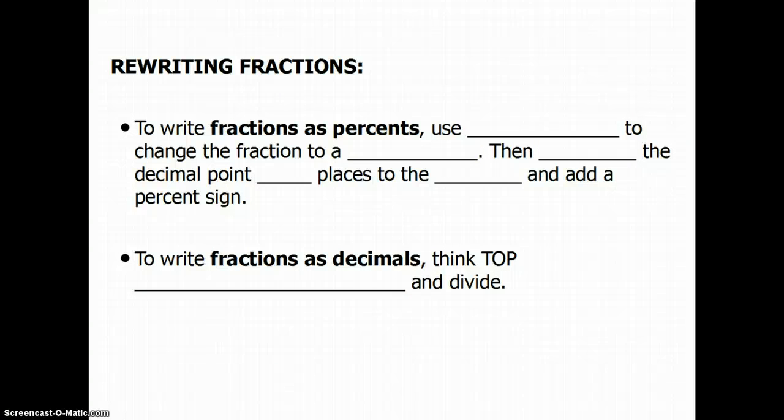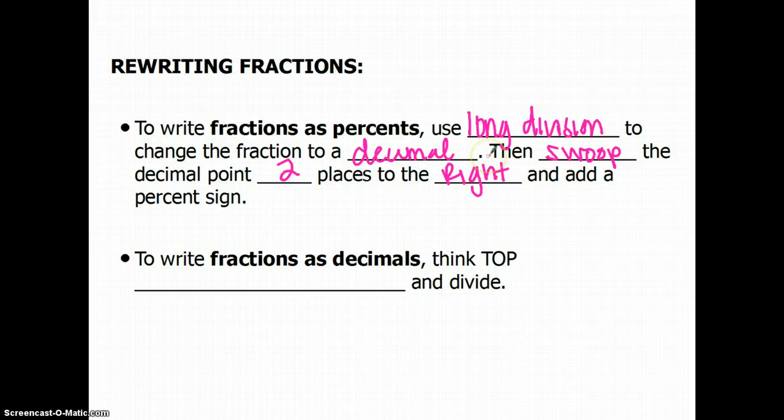Rewriting fractions. Okay, so to write fractions as percents, we use long division to change the fraction to a decimal. Then we swoop the decimal point 2 places to the right, because I'm trying to get close to the percent sign, and we add the percent sign.